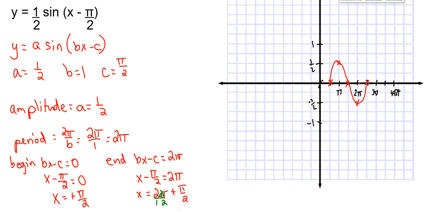And notice that if it were just 1/2 sine x, it would be right there. But this has shifted it over to the right pi over 2, and that's what we would have expected. And maybe we'll just put that one period on there. We've got more graph space, but let's just put that on there and be done with this one.